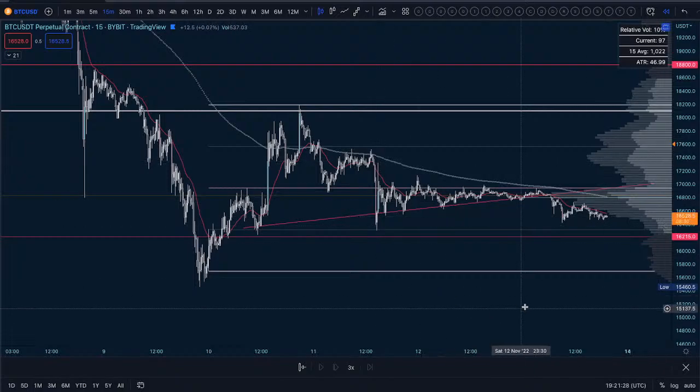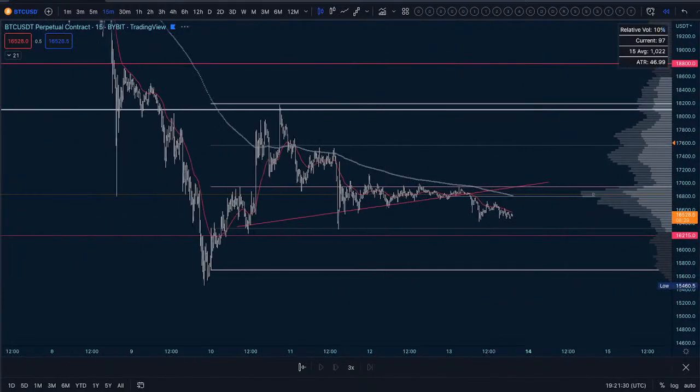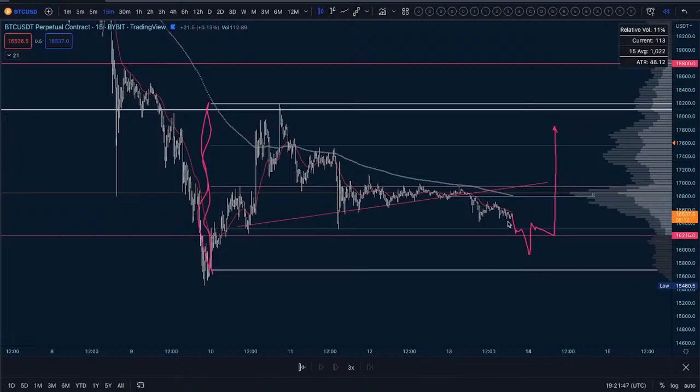For example, now I'm running a buy bot, basically. I'm expecting this to happen and some upside.